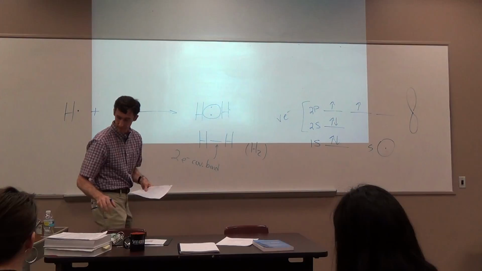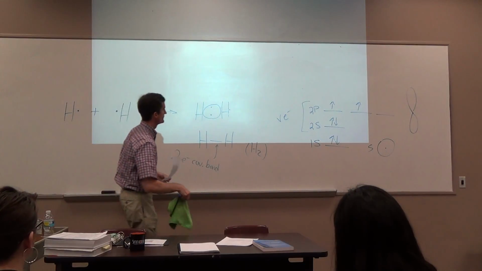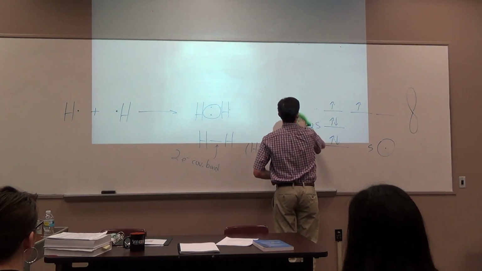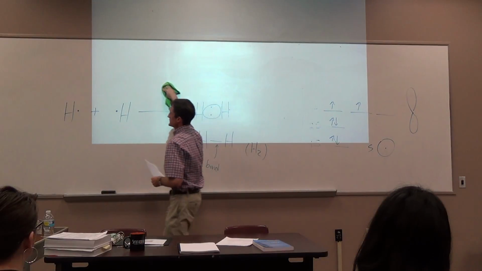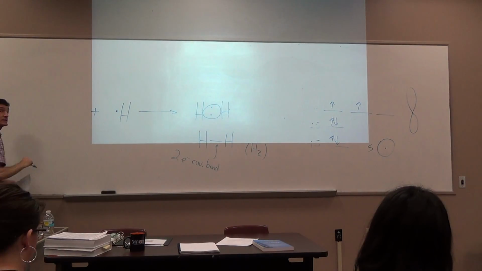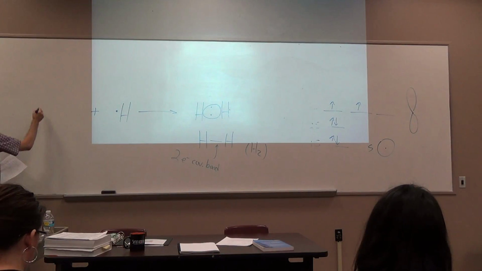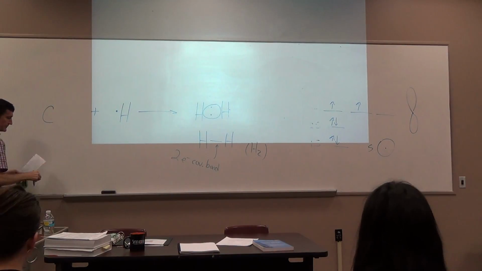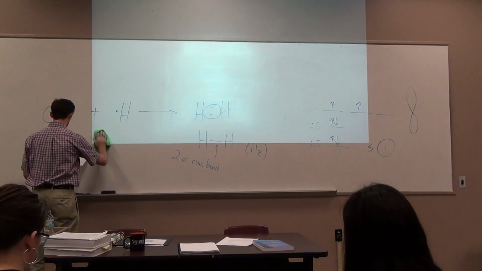Now carbon, I'm going to come back over here. So H started with one electron. That's all it has. Put up a carbon, how many electrons are we starting with? Four.